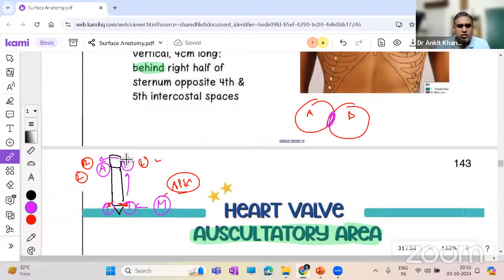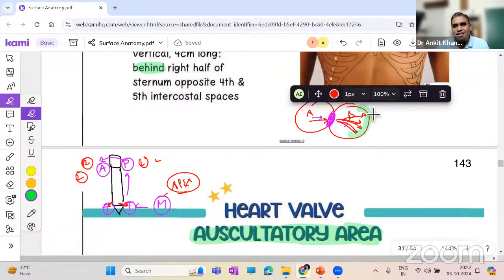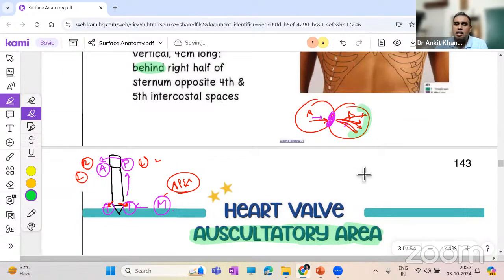Blood normally goes from here to here. Now, if there is a valvular abnormality, the blood will not go normally. It will strike chamber B. So you hear the sounds where there is abnormal striking of blood on the wall of the heart from inside.